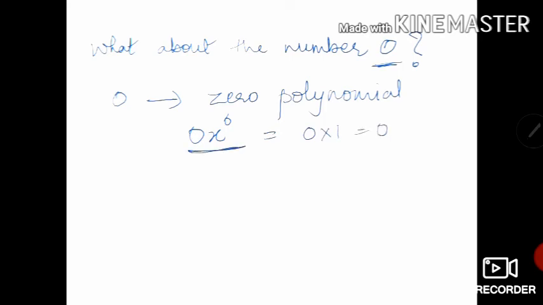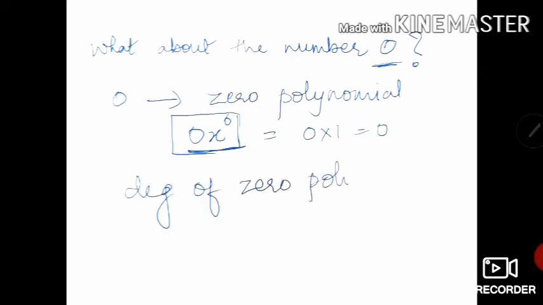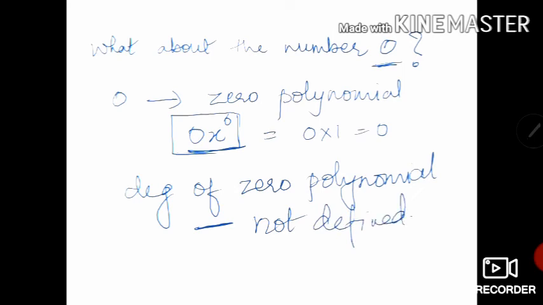So if we can write 0 in this form, it is a polynomial. But what about the degree of the 0 polynomial? The degree of the 0 polynomial is not defined. So you will have no question asking you about the degree of the 0 polynomial.